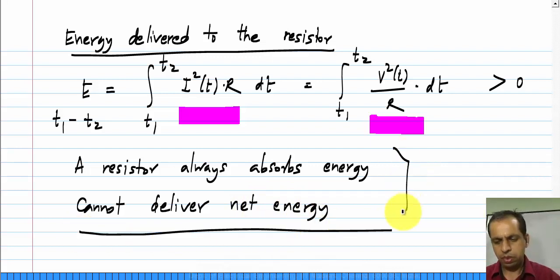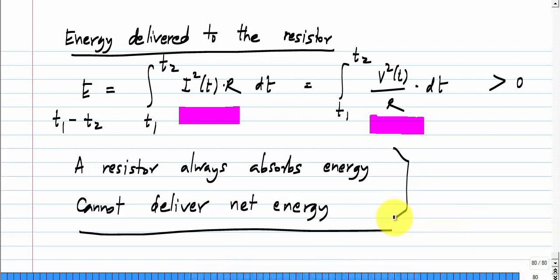So, something that can only absorb energy, but can never deliver a net energy, it cannot act as an energy source, such an element is known as a passive element. For a passive element, the power is always positive, which automatically implies that it always absorbs energy, it can never deliver it.